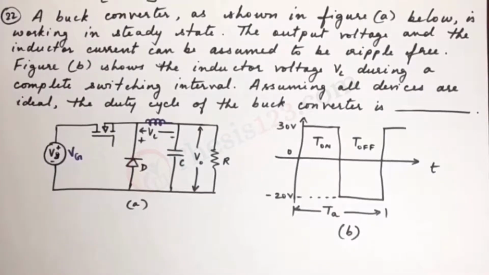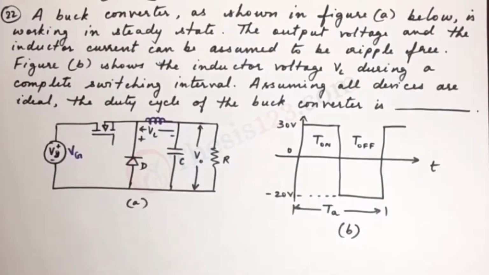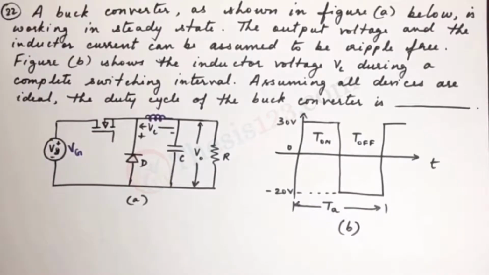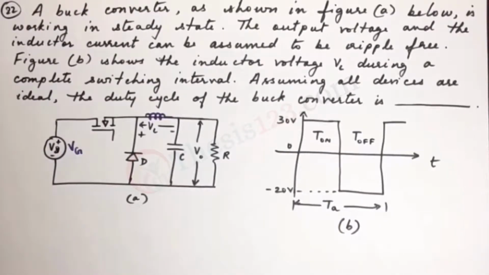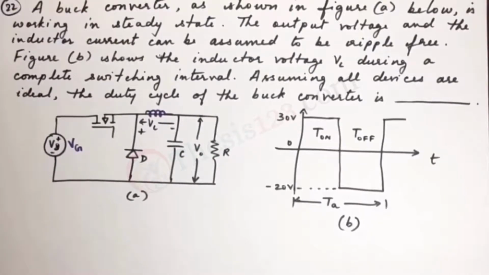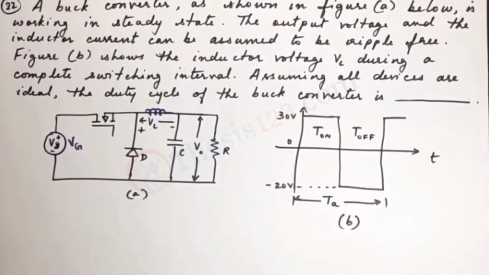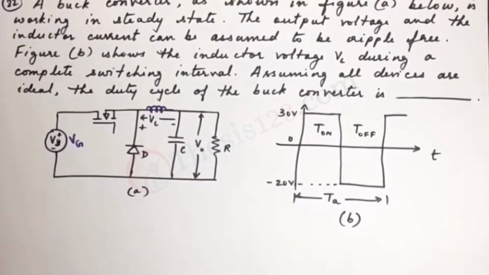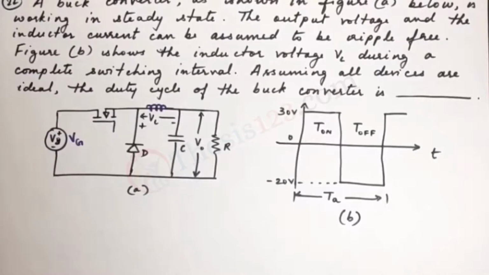Okay, so this is not a multiple choice question, so we will have to work it out. Now the first figure gives us the circuit for the buck converter. And note the three different voltages over here. We have VG, the source voltage, VL, the voltage across the inductor, and V0 at the end.